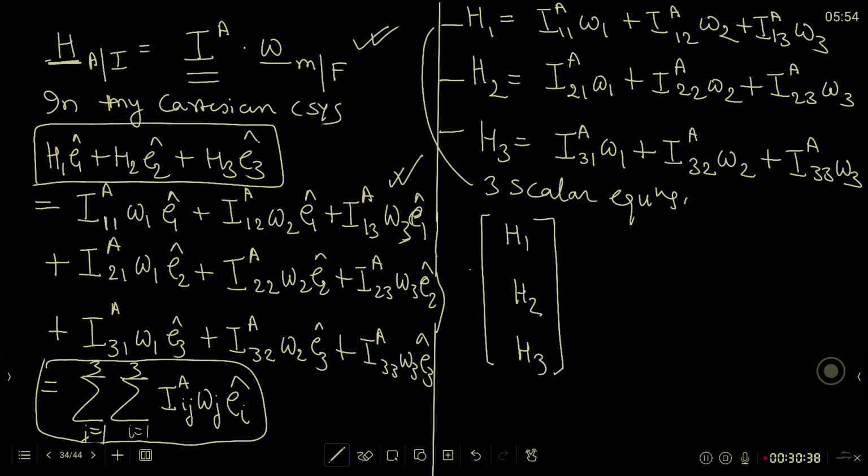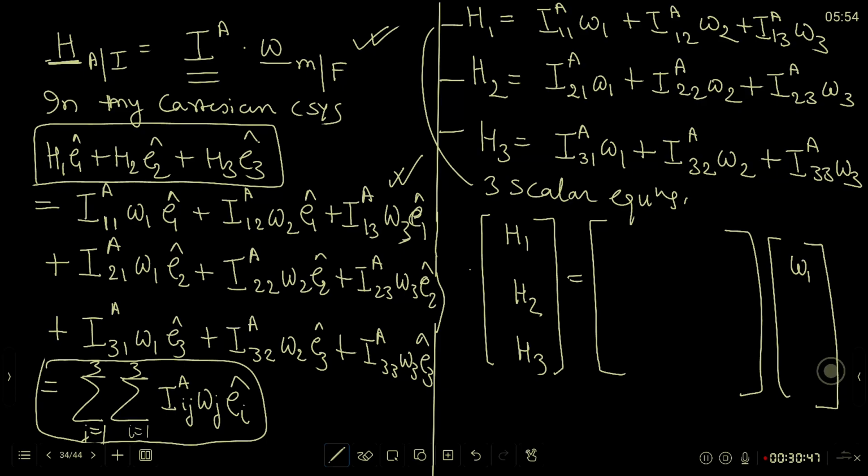So on the left hand side I have a 3 times 1 matrix, 3 rows, 1 column. On the right hand side, this factor again is a 3 times 1 matrix. And as you are aware, if this is 3 times 1, this is 3 times 1, this has to be a square matrix of 3 times 3.